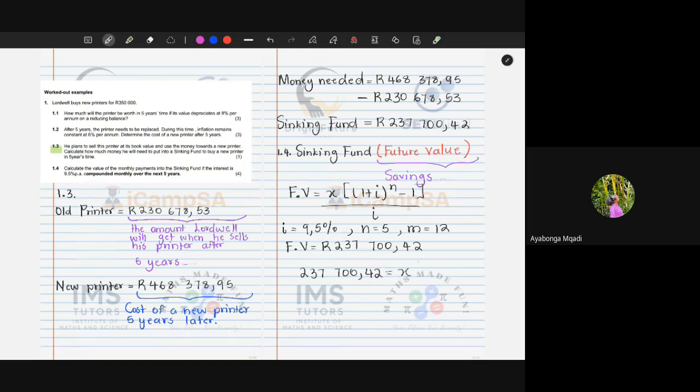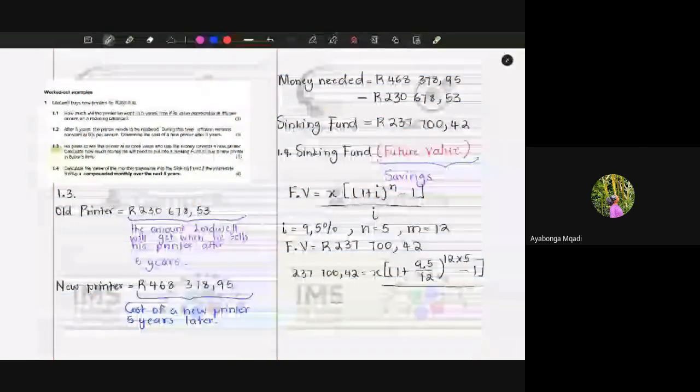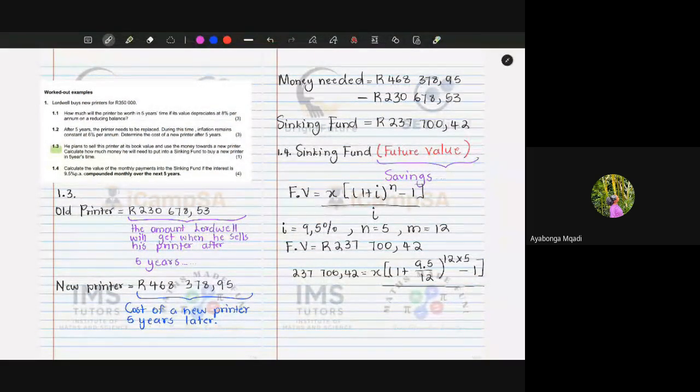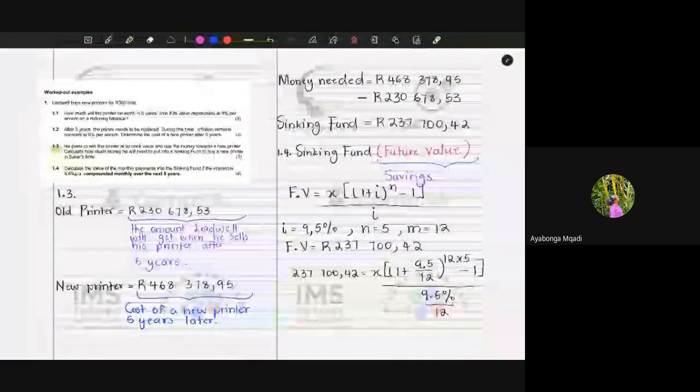237,700.42 equals x, open bracket, 1 plus i. I need some of you to be punching your calculators already. The interest rate is 9.5, divided by 12, all to the power of 12 times 5, because we are going to invest for 5 years monthly, so that come the end of that term, we have the amount we need. So this will be 9.5% divided by 12.